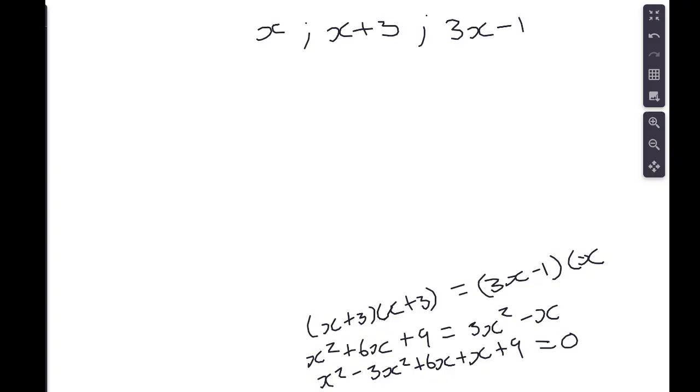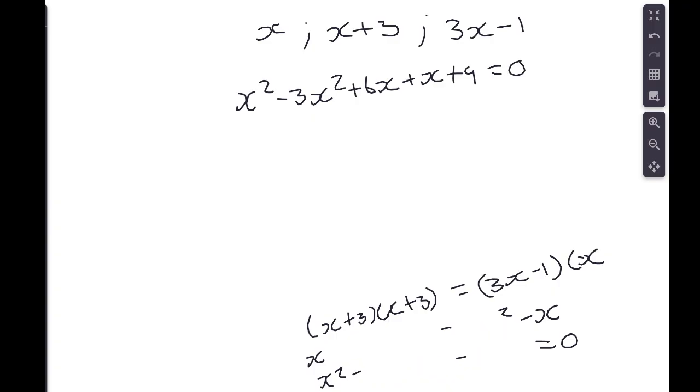Right, so let's write the last term here that we had up here. So we're gonna say x squared minus 3x squared plus 6x plus x plus 9 is equal to 0.